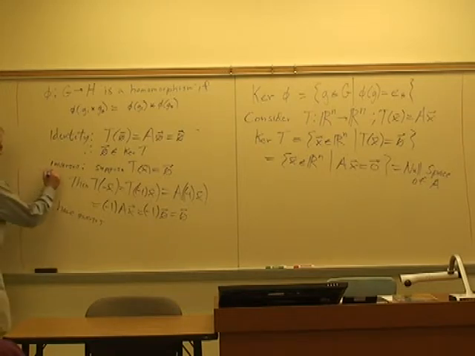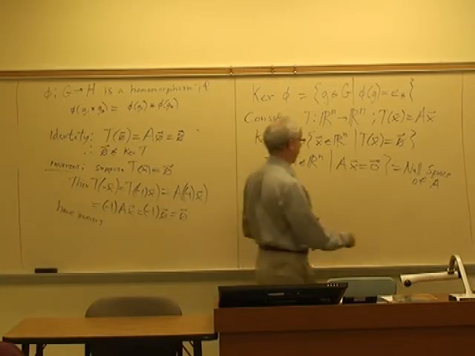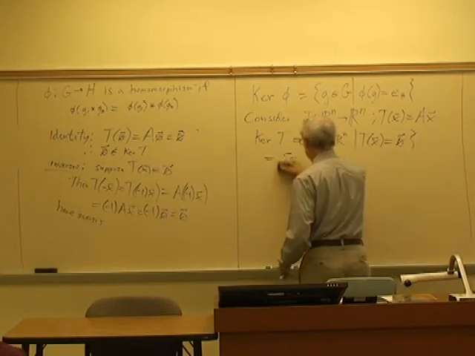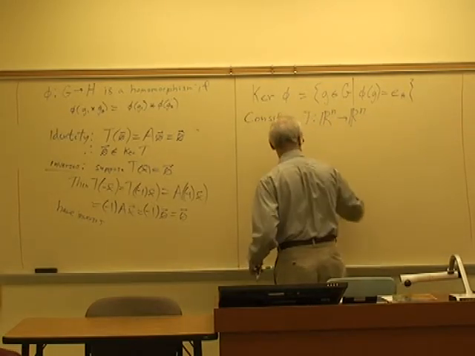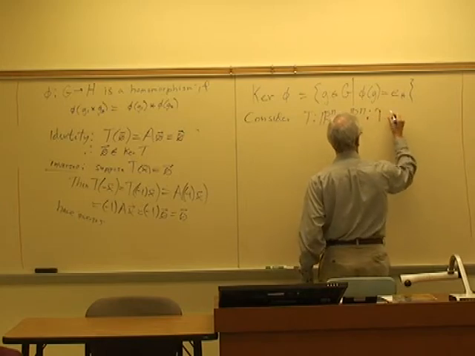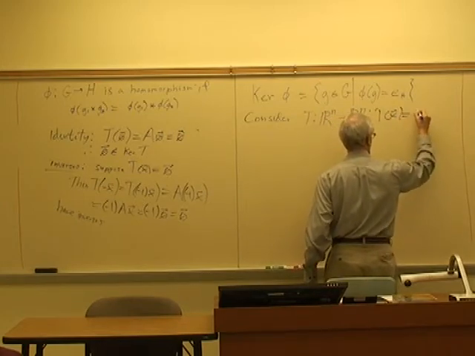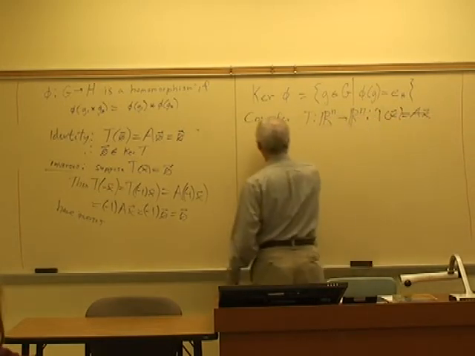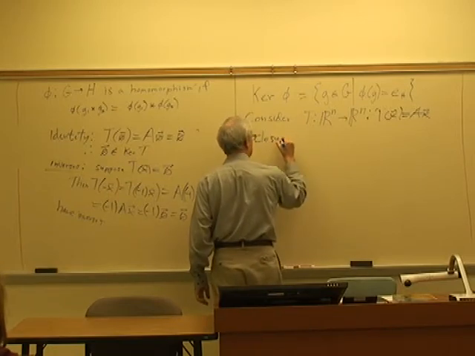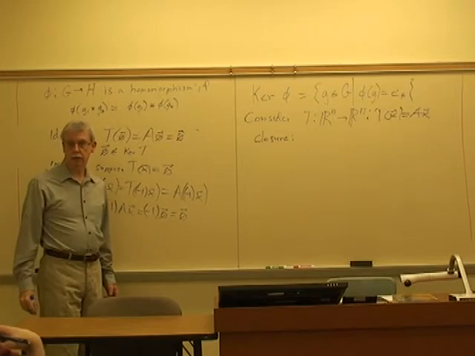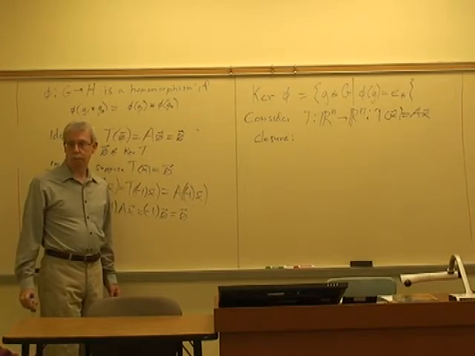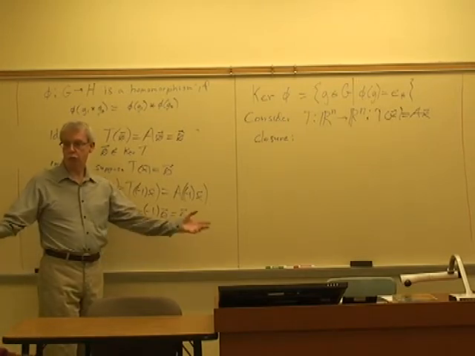What else do I need? Closure, right? I want to prove it's a subgroup directly. Closure is number 3 we need to prove. So what do I assume to prove closure?